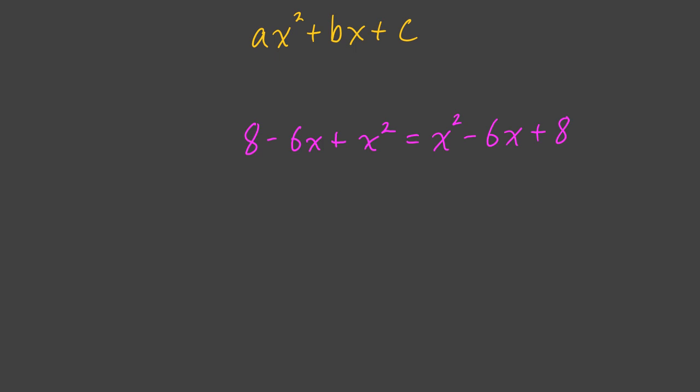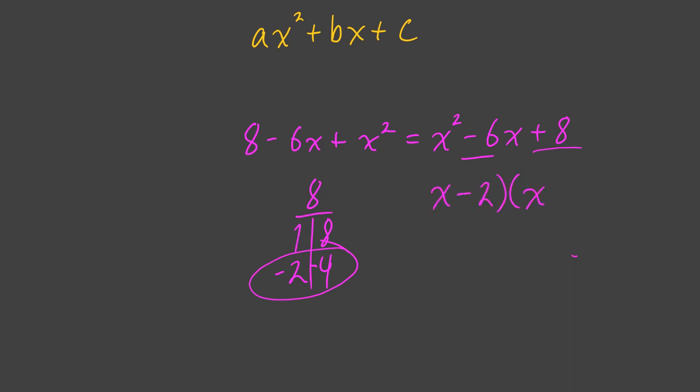Okay, so now that it's in standard form, it jumps out that c is 8. Looking for factors of 8, 1 and 8, 2 and 4. Multiply to a positive, add to a negative. Okay, they both have to be negative. Okay, -2 and -4. So x minus 2, x minus 4 would be our factored expression.